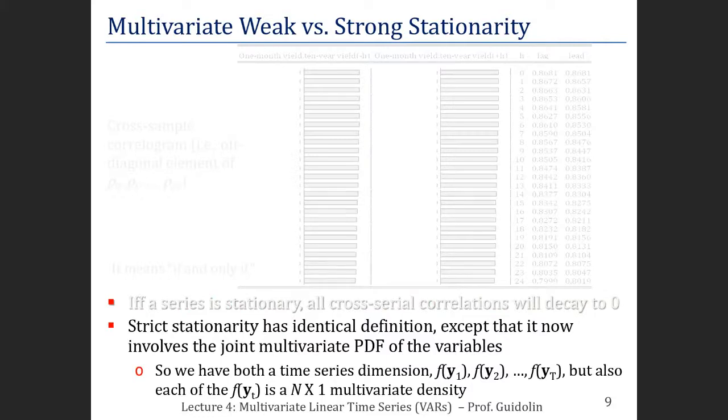The definition is identical, but now you're looking not only at the joint distribution of the time series over time, so each y at a given time is a different random variable, and strict stationarity implies that the joint PDF of such sequences of random variables is constant over time. Now you're talking about the joint multivariate PDF over time, meaning that the y's, as you know, are not just one time series, they're vectors of time series.